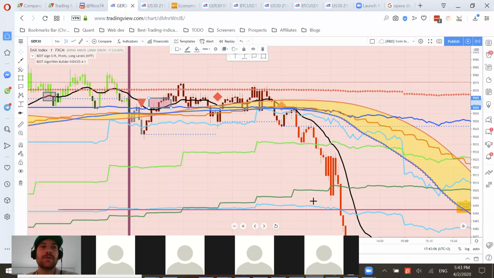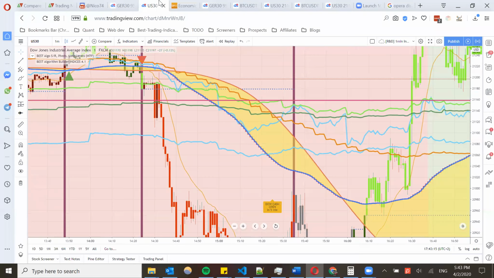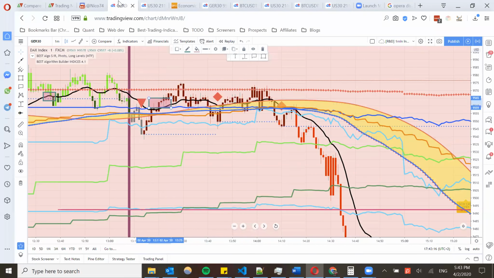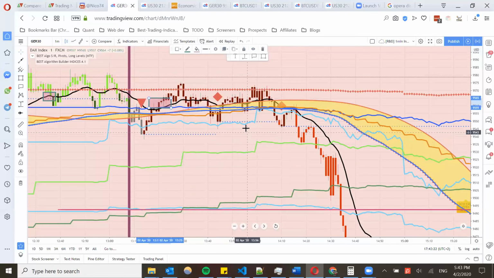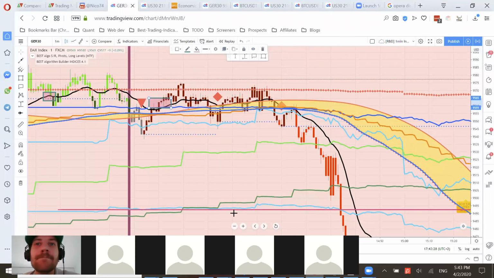Sorry. We have to keep in mind this big event at 2:30 p.m., and we know that around the big event there are a lot of scam wicks. So we have to protect our trades. So, wait a second, please. At the triangle, what is your entry?